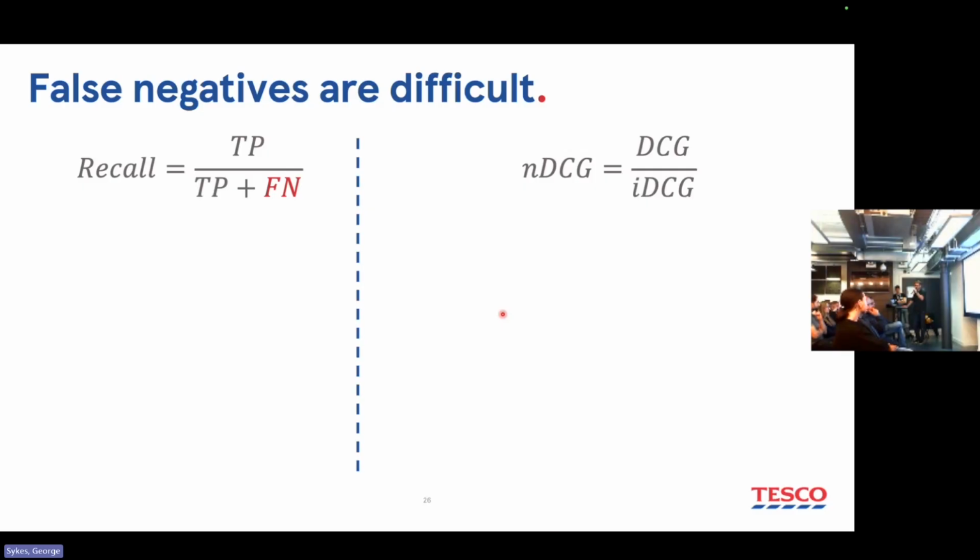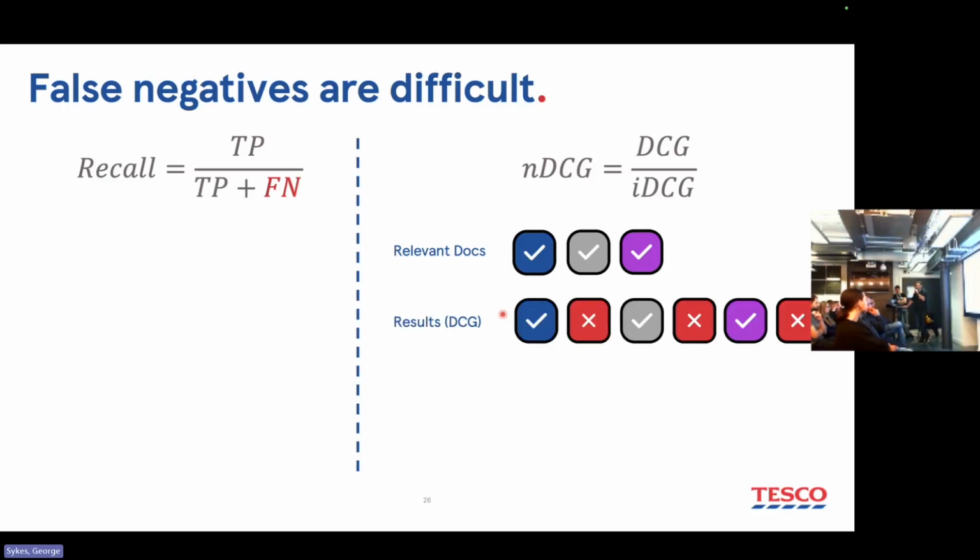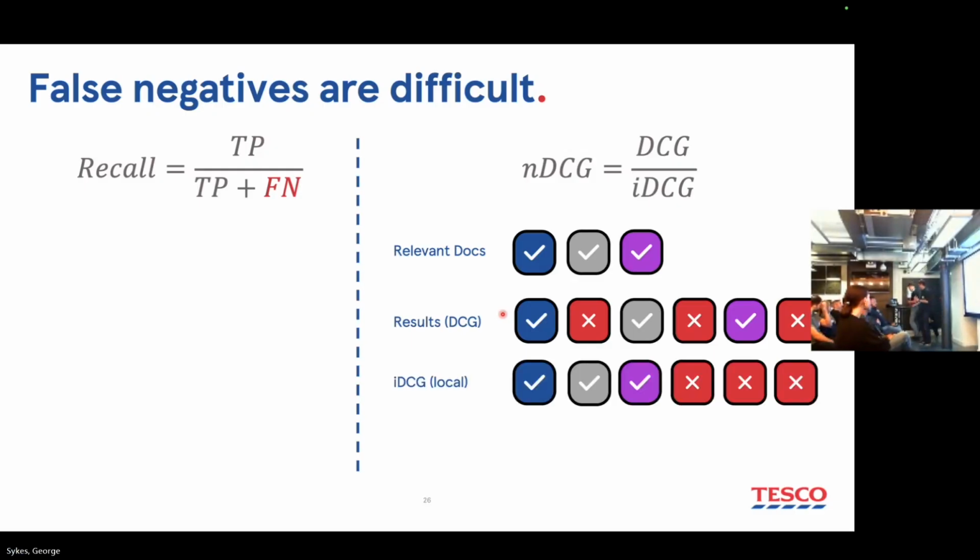And with NDCG, it's calculated where if you've got a set of relevant products and then you've got your recall set, you would weight the relevant products by their rank, and that's your DCG score. But then you have to normalize by the idealized ranking. So in this case, all those relevant products would be pushed towards the top, and that would be your idealized ranking. But that's just on a local basis.